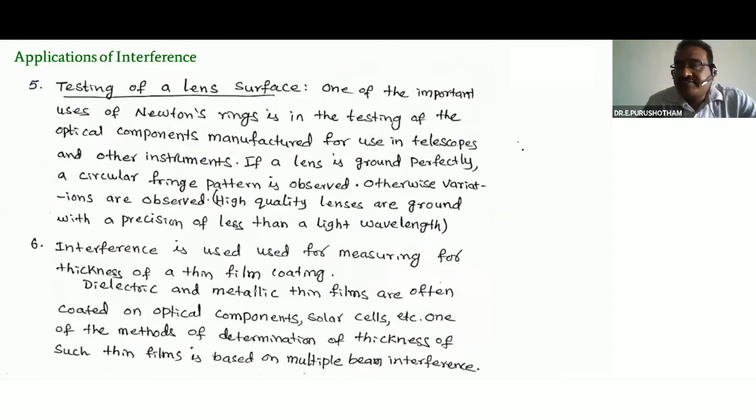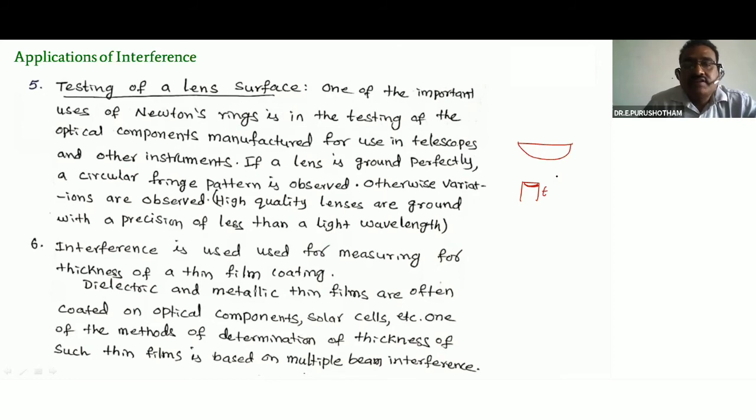In Newton rings, a plano convex lens is used. Lenses are also used in microscope and telescope. If the plano convex lens is ground perfectly, we observe perfect rings.